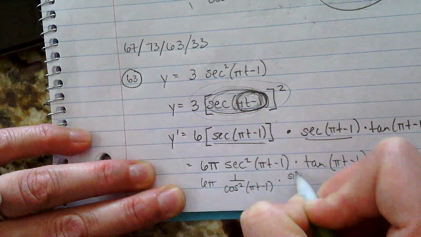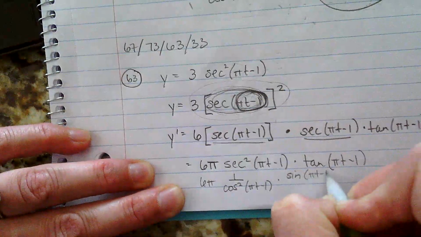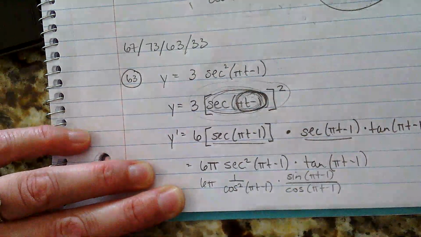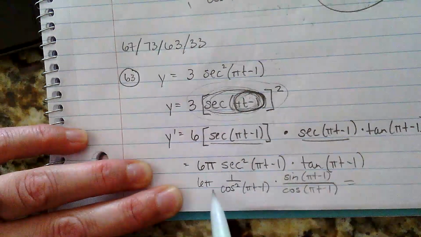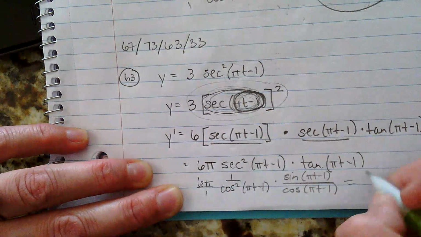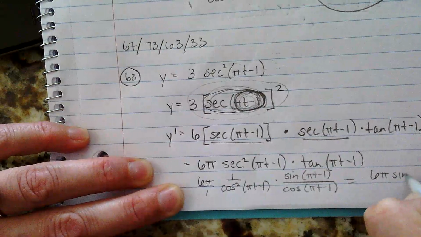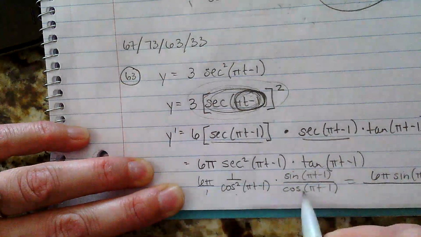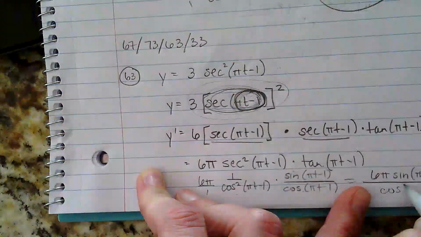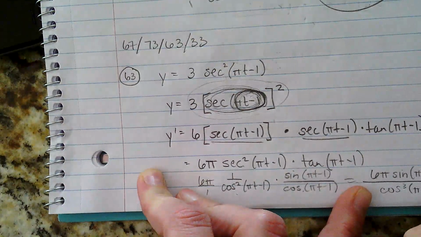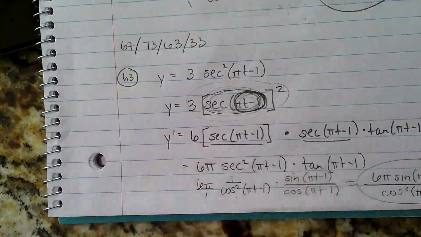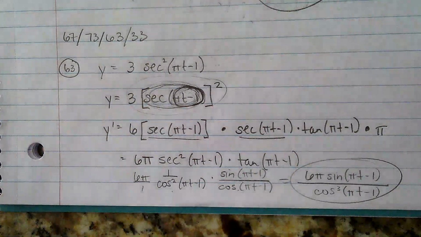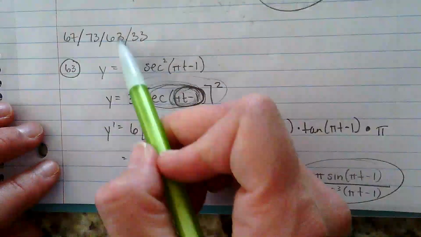And then this is sine of this thing over cosine of this thing. And then overall, your numerator is 6 pi times the sine over cosine cubed of this thing. And that's the answer in the back of the book. Okay, so that was 63.